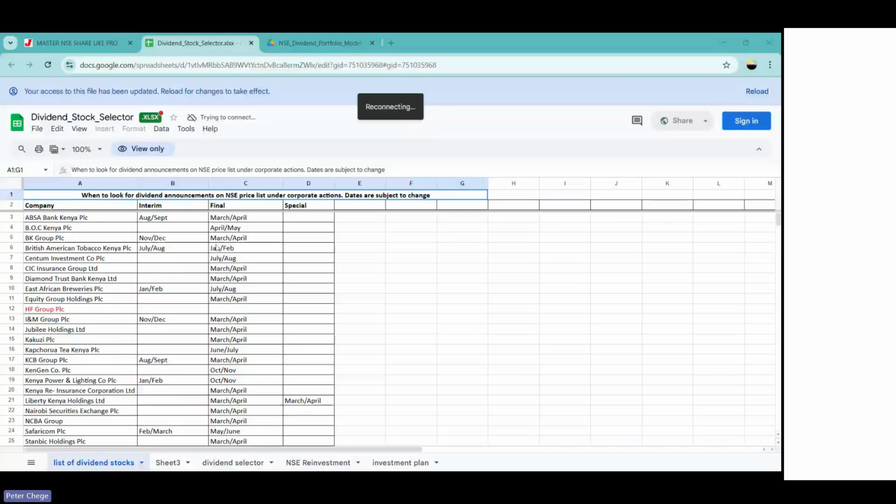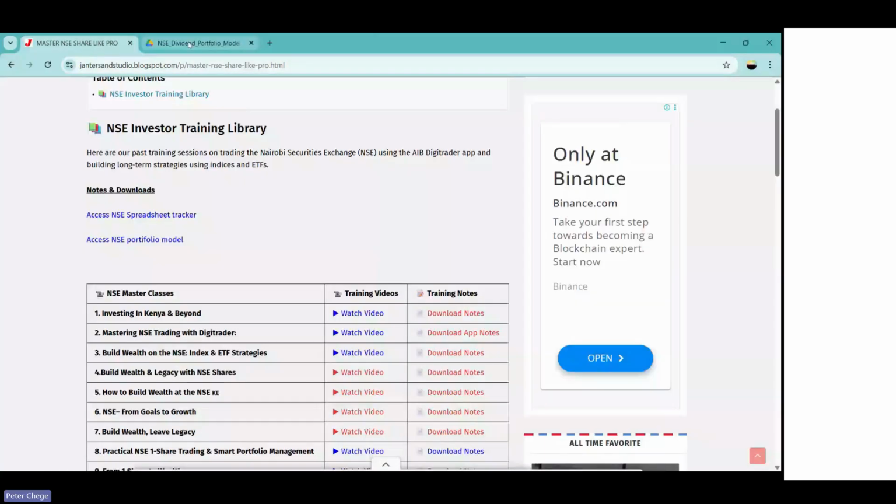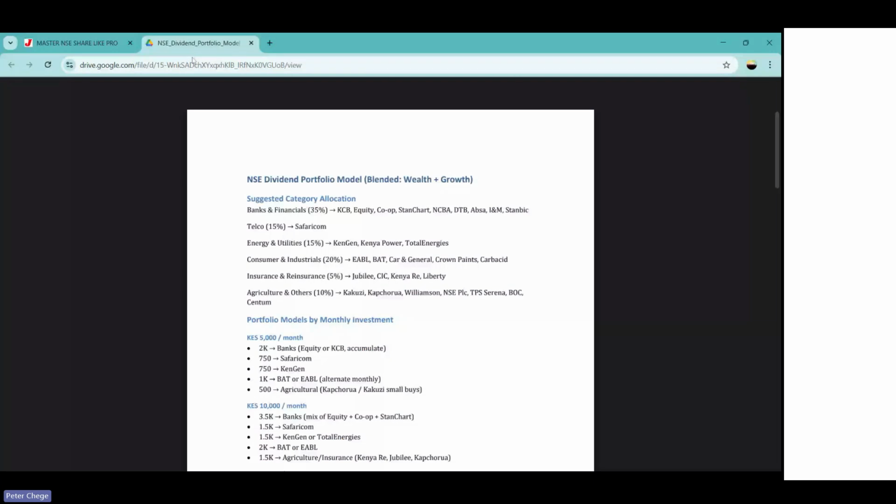Now we come to our model. It is here. It's just a model to help you understand how you can build wealth and growth, and how you can split your investment. So you can decide banks and financial sector, you give that 5% of the amount you are allocating.